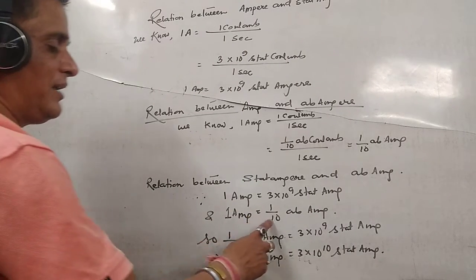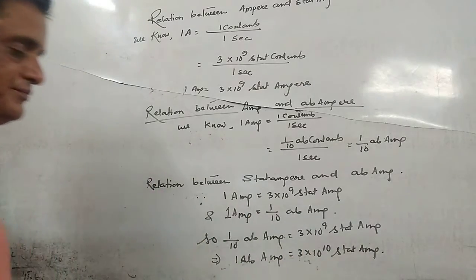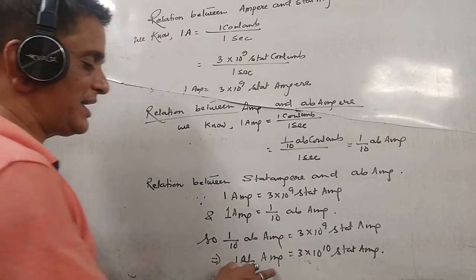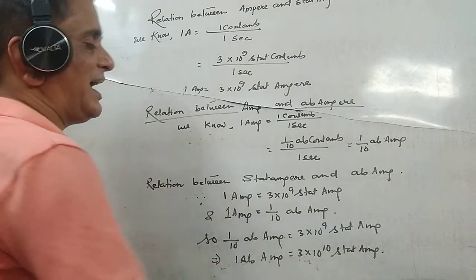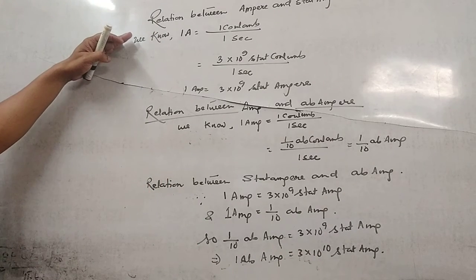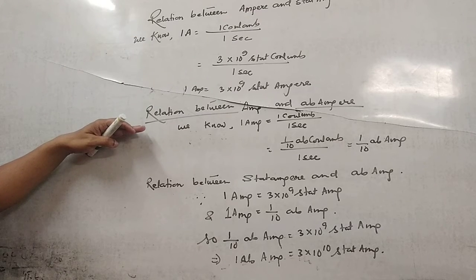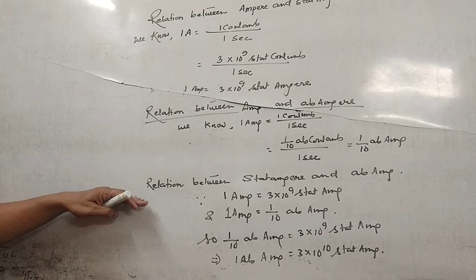So 1 by 10 ab ampere equals 3 into 10 to the power 9 stat ampere. So the result is 1 ab ampere equals 3 into 10 to the power 10 stat ampere. So this is about the relations between ampere, stat ampere and ab ampere.